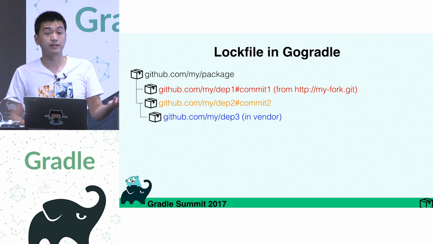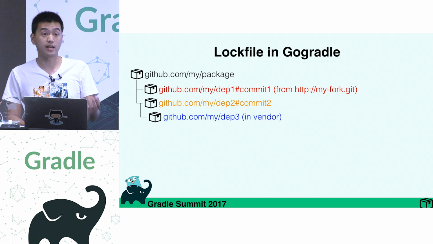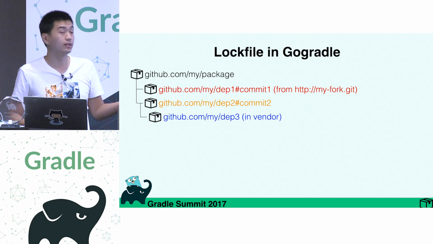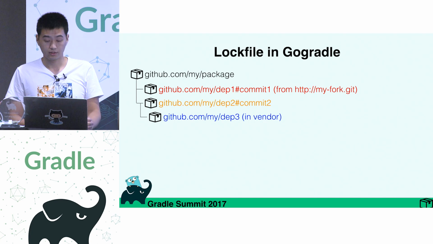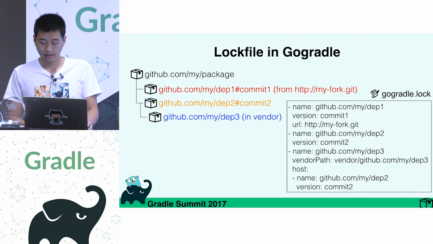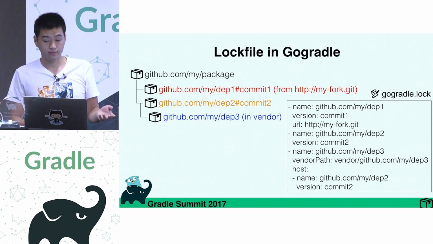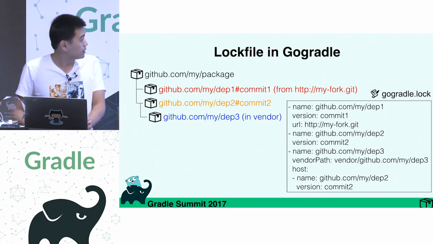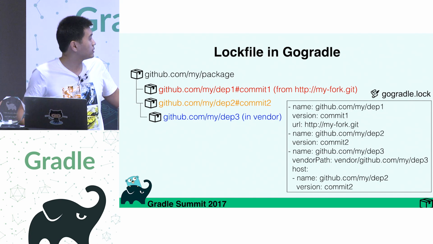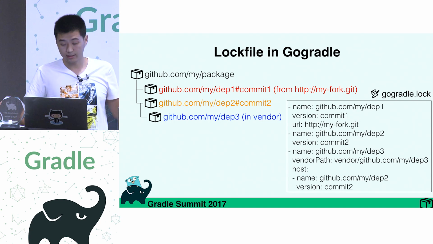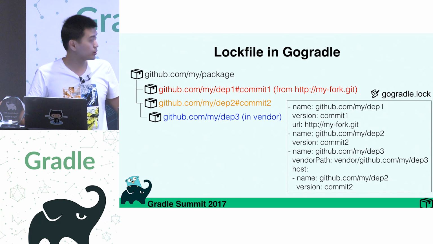Just like many other package management tools in many other languages, we need to lock the version to a file, so the build will be reproducible. And we will lock the dependencies into Gogradle.lock. In this case, our package depends on 3 packages, so there will be 3 entries in Gogradle.lock.